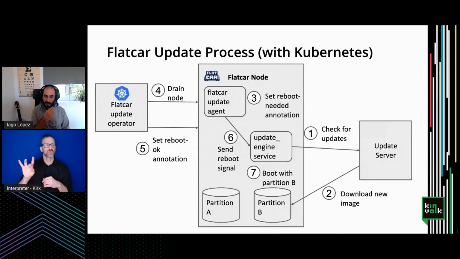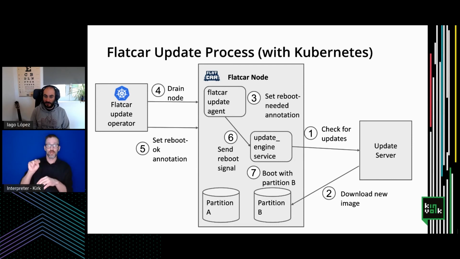The way that this works is that, similar to previously, each node checks for updates and downloads a new image to the other partition, partition B. Then it sets an annotation on itself in Kubernetes that it needs a reboot, reboot needed. And then the operator will drain that node.